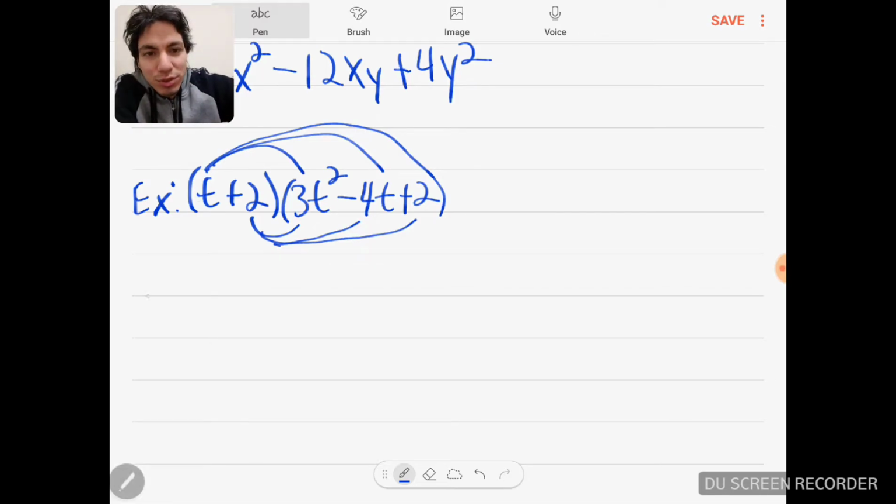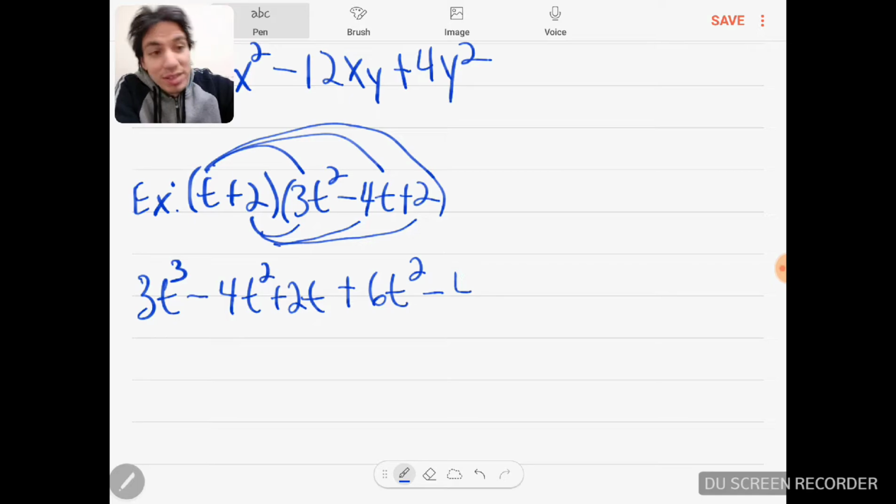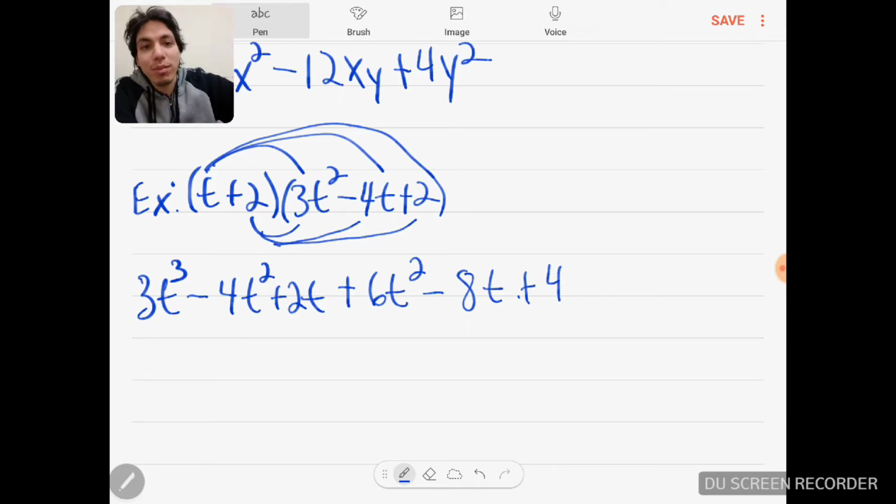So t times 3t squared would be 3t to the third, minus 4t squared plus 2t, then plus 6t squared minus 8t plus 4. Now you have to combine like terms.